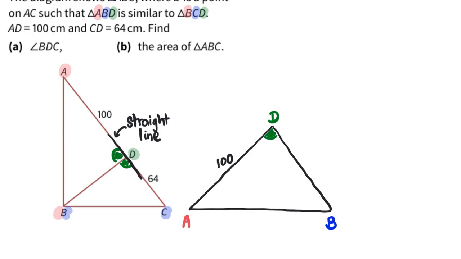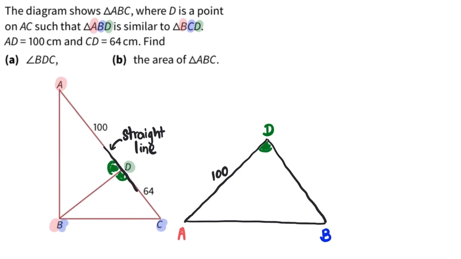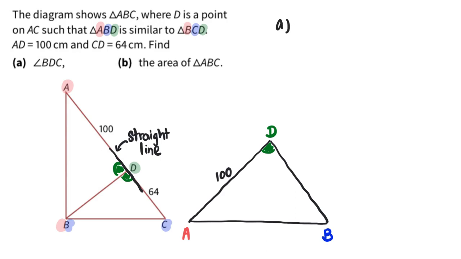To find for part A, my angle BDC is simply equals to 180 degrees divided by 2 to give me 90 degrees.